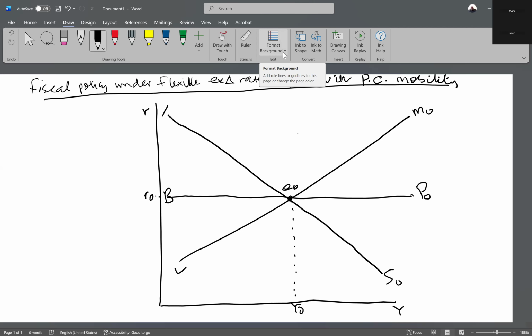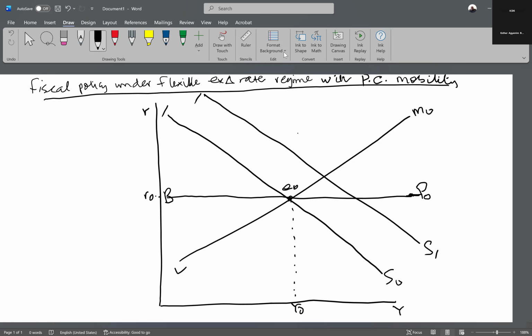Fiscal policy. So the IS curve shifts from IS0 to IS1. Okay, are you with me? Yes, sir.